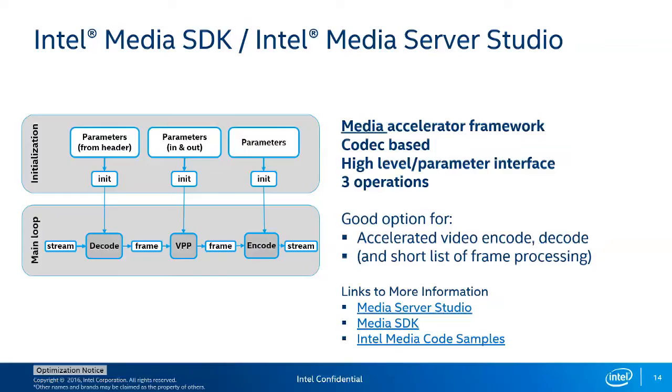Media SDK just does 3 things. It's encode, decode, and VPP for frame processing. This initialization stage lets you supply parameters to the framework, and then the main loop. All the application does is specify how the pointers move between the stages. So the actual compute happens somewhere else.